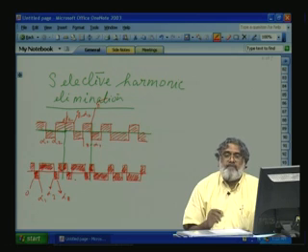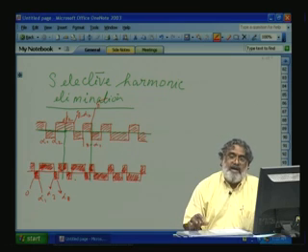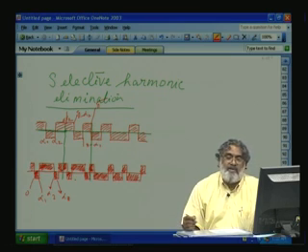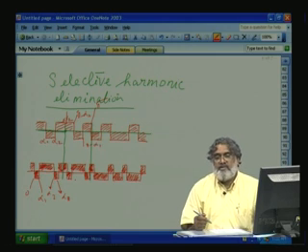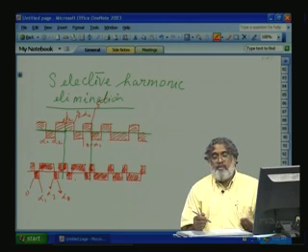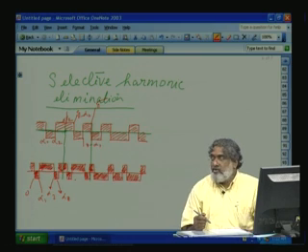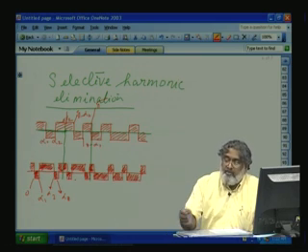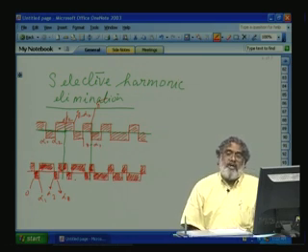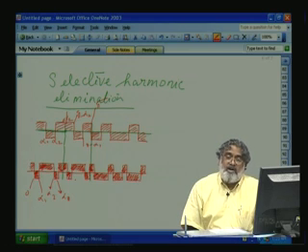If you want to control the fundamental, you require one equation. If you want to control the 5th and 7th, you require 2 more equations. So, 3 conditions are required to control the fundamental and suppress the 5th and 7th. If more harmonics are to be controlled, you require more notches and more equations to be solved, and this is only for one fundamental.